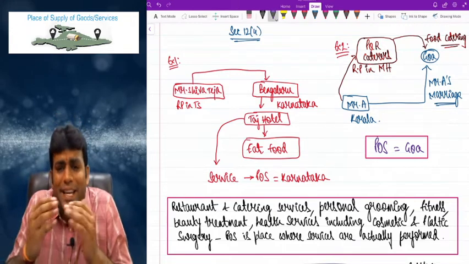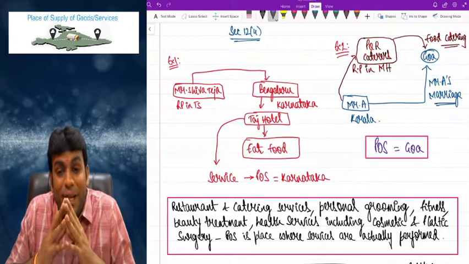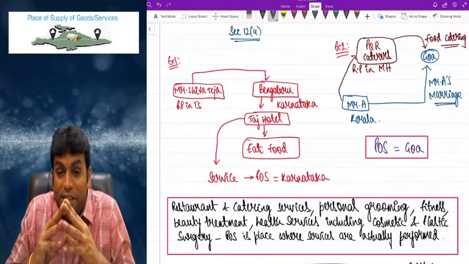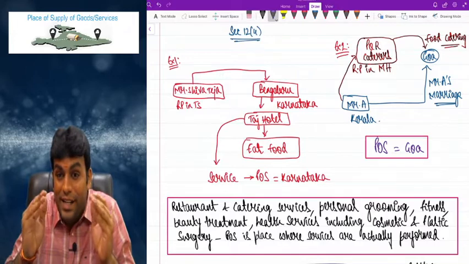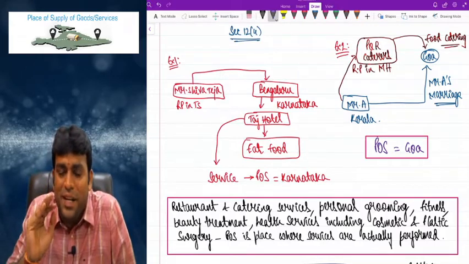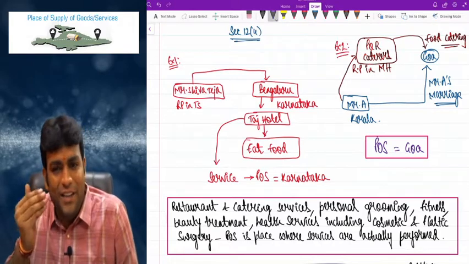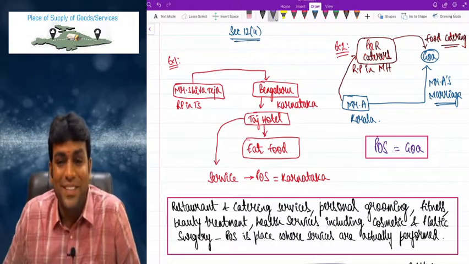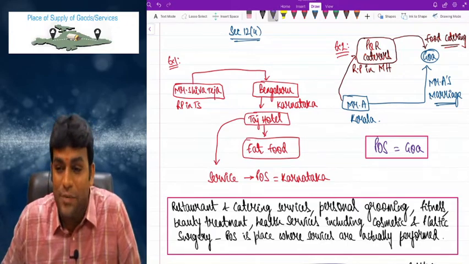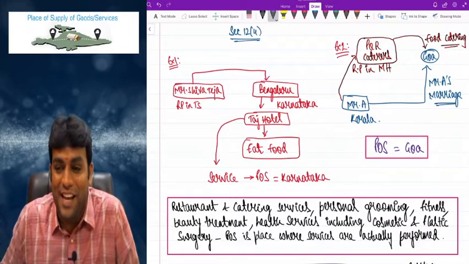So in 12(4), it doesn't matter where the recipient is located, it doesn't matter where the supplier is located, it doesn't matter whether the receiver is a registered person or an unregistered person. It doesn't matter at all. Straight away we will find out the place of supply, and the place of supply will be the place where services are actually performed. Very interesting language.